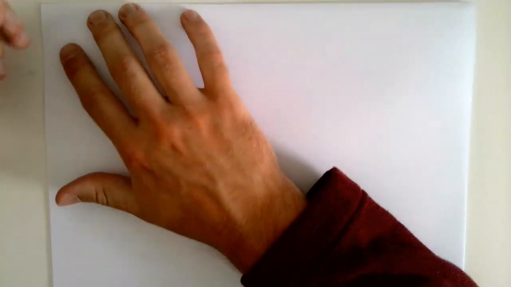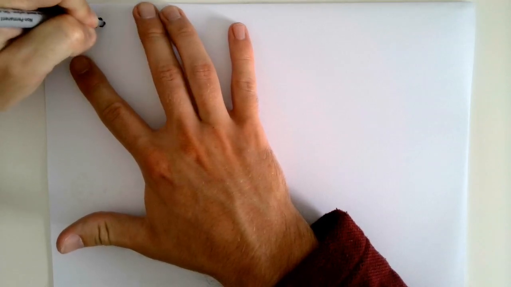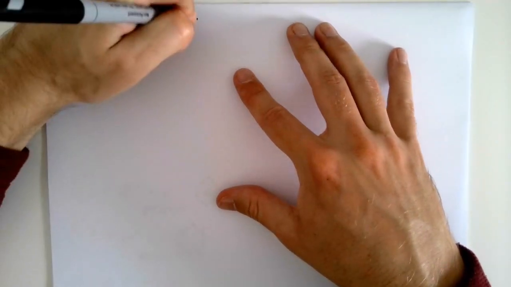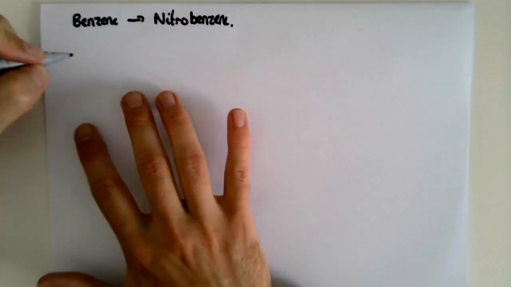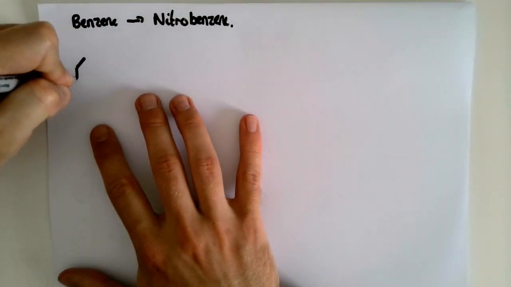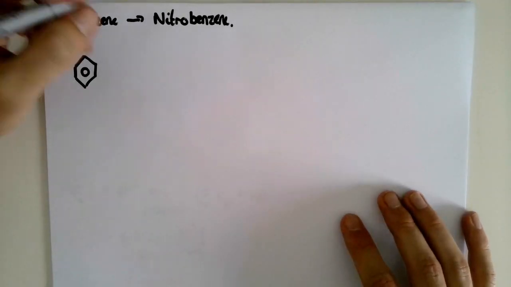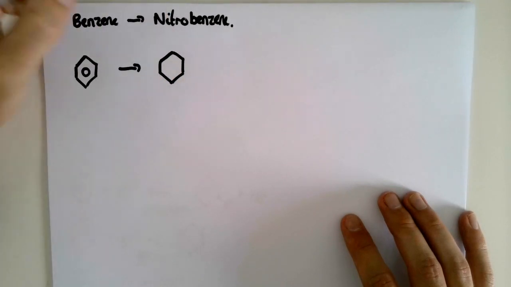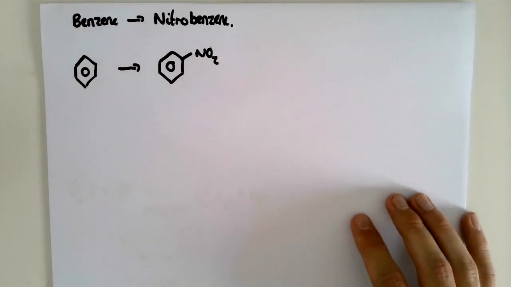So the first type of reaction that you can do with a benzene ring is you can convert benzene into nitrobenzene. So we can go from benzene looking like that, and we can convert it into nitrobenzene looking like this there.